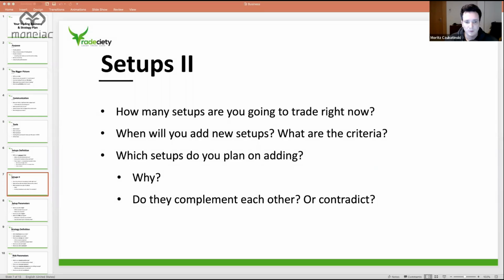And which setups do you plan on adding? Yeah, as I said, why? For example, why could be diversification. Super important is that they don't contradict each other. It's not as simple as many people think to trade different setups, because suddenly you get different signals, or the signal for one strategy seems to be developing, but the signal of the other strategy already triggered. So what do you do in those cases?